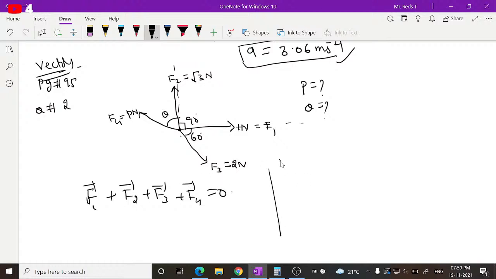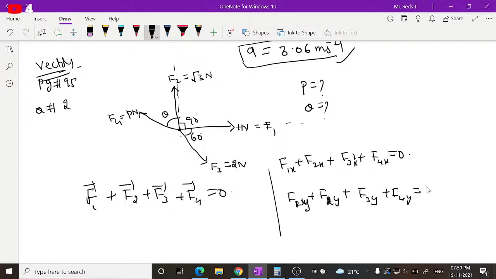So the sum of x components, F1x plus F2x plus F3x plus F4x, should be equal to 0, and the sum of y components, F1y plus F2y plus F3y plus F4y, should be equal to 0.